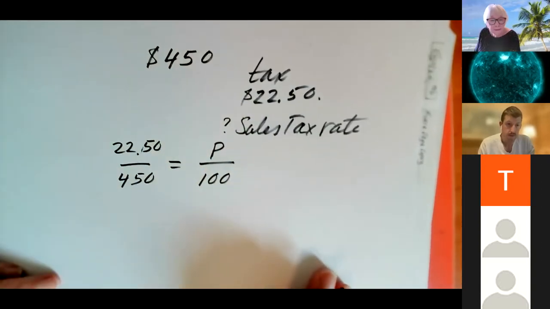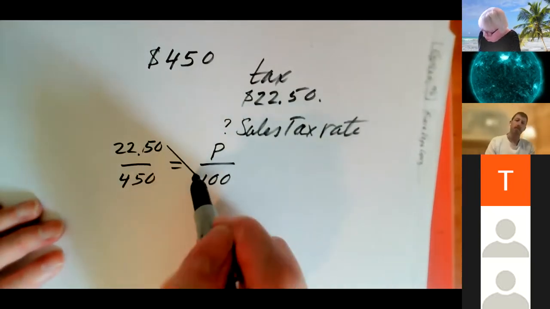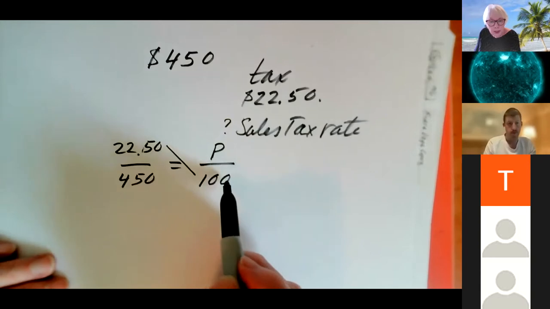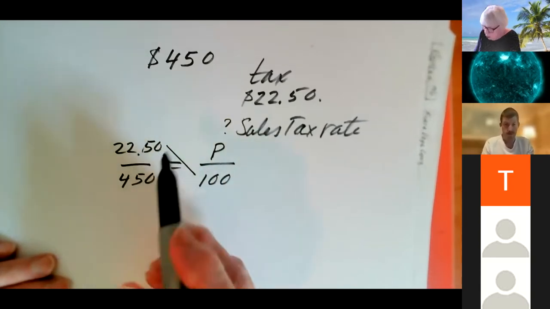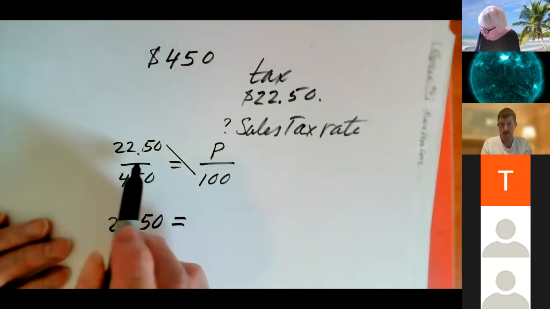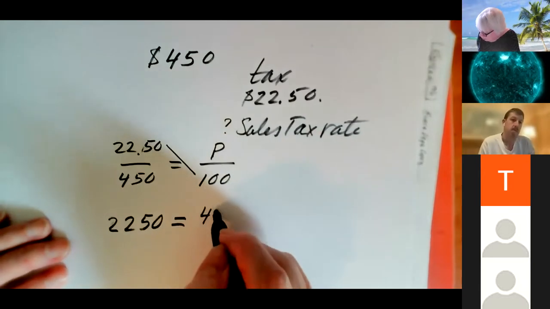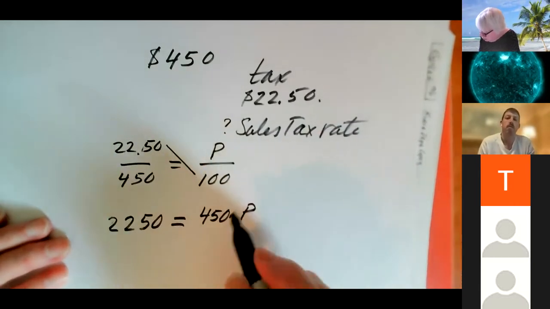You bet. Okay. I'm assuming people can struggle through. This is 2250 times 100. That's a decimal shift of 2 places. 2250, right? Multiply it by 100 equals 450 multiplied by the percentage.